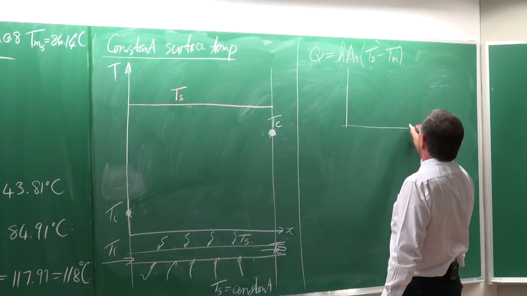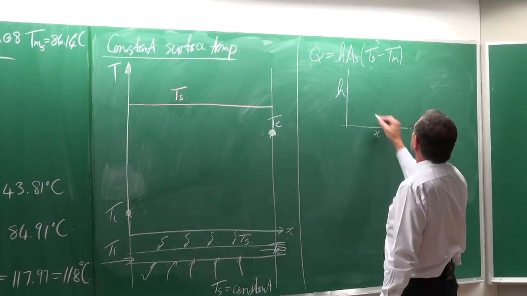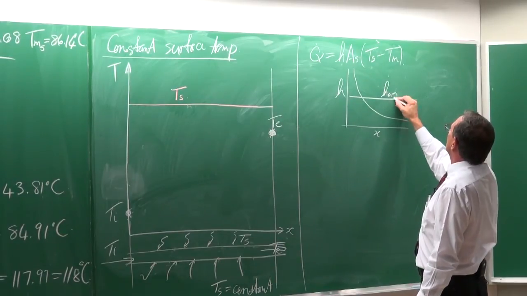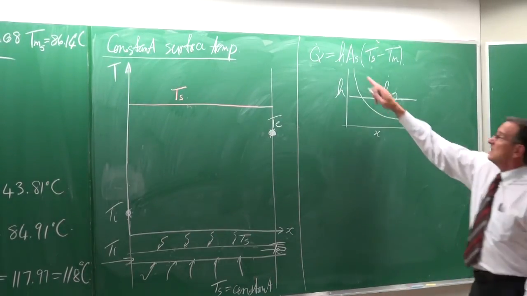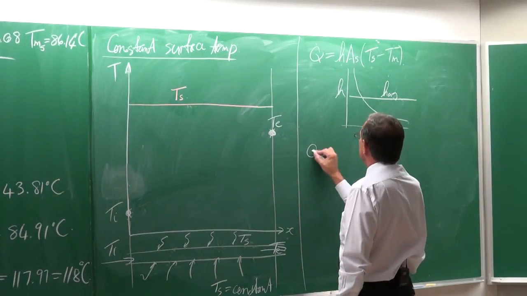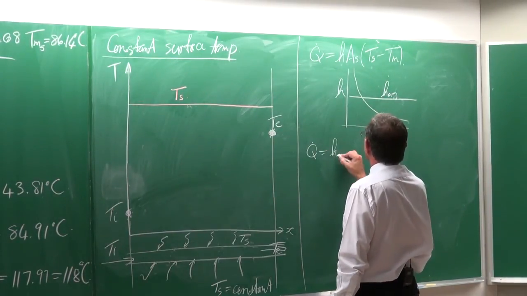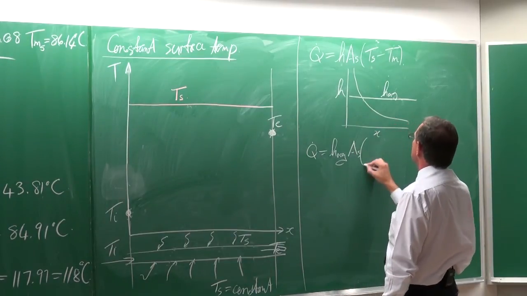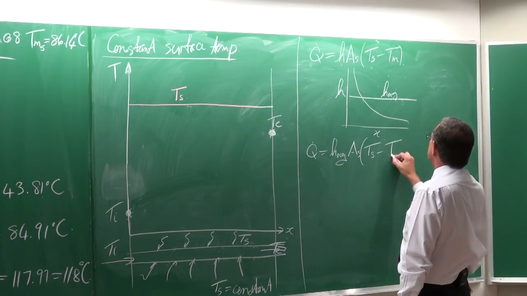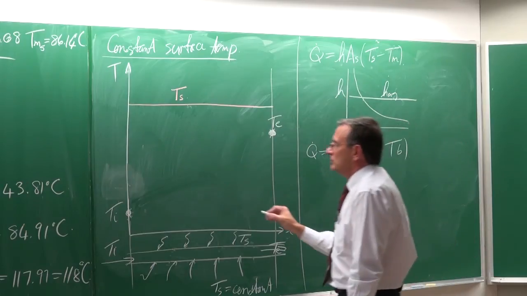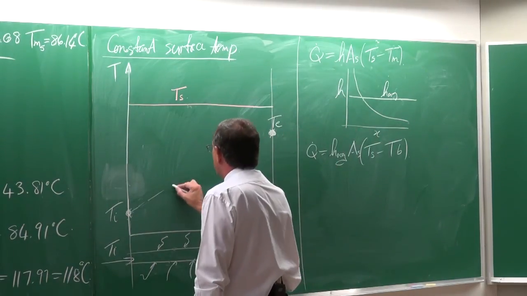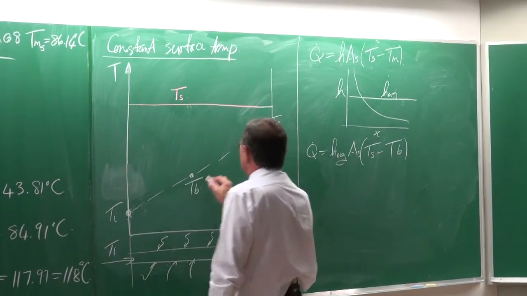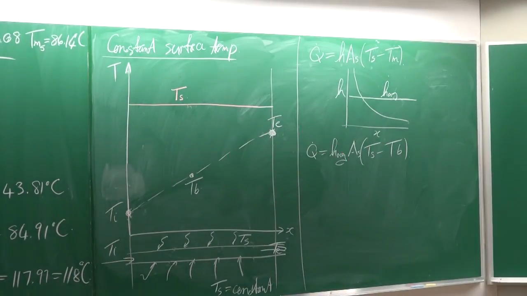So the heat transfer coefficient would do something like that. So if I give you the average of that heat transfer coefficient, then you can put it in there. And you can say that the heat transfer rate is equal to the average heat transfer coefficient multiplied by the surface temperature, Ts minus T bulk. And the bulk temperature would be the average of those two temperatures. Do you agree?